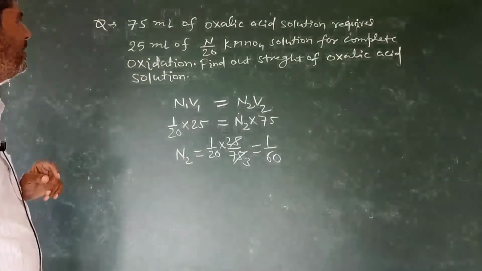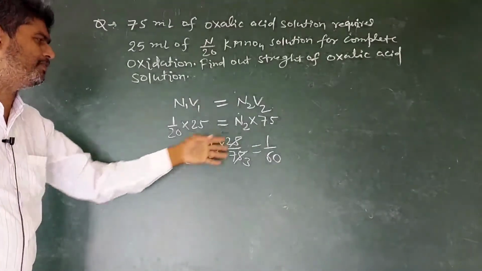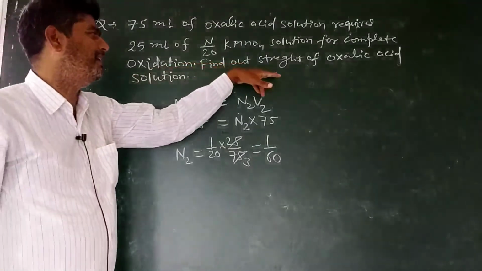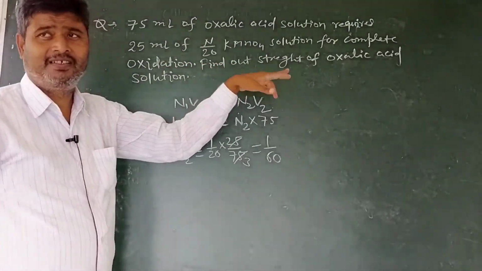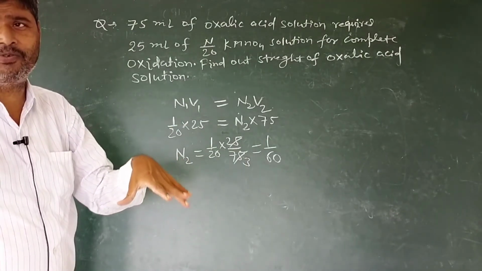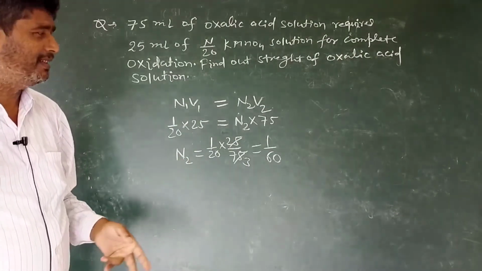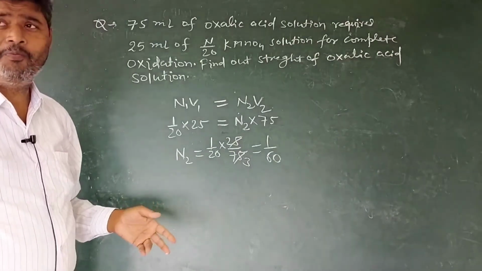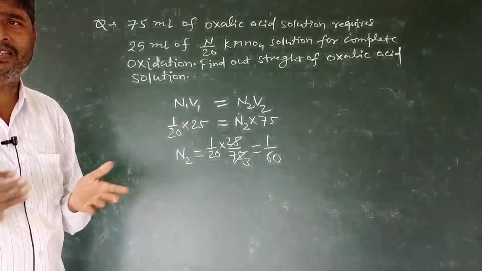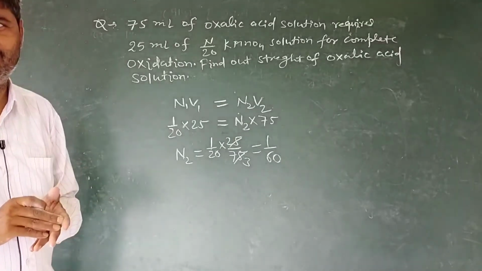So thus the normality of the organic acid is equal to 1 upon 60. We have to find here the strength. So when normality is multiplied with equivalent weight, or molarity is multiplied by molar mass, strength is obtained in both cases.